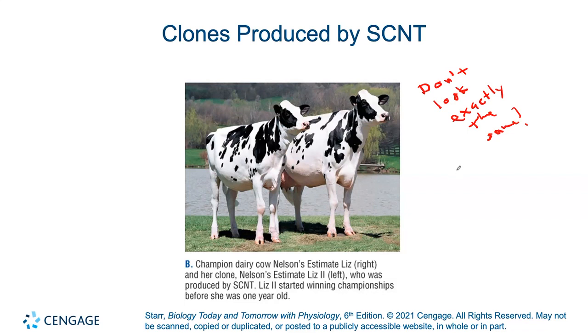Why is that? And the answer is environment. There's always two factors that contribute to a trait. One is genetics and one is environment. Genetics determines the window of a trait.